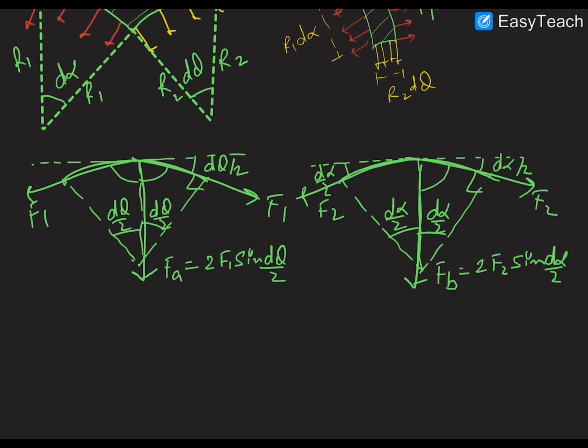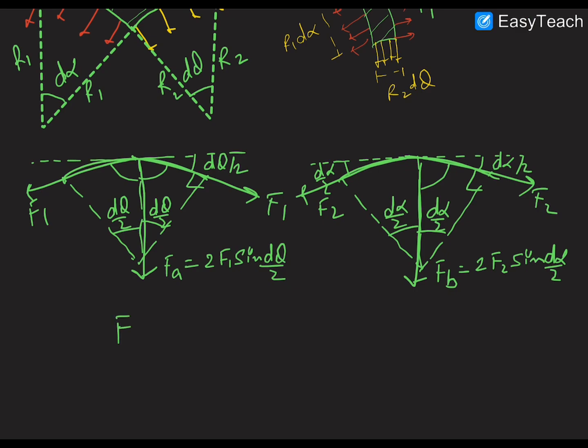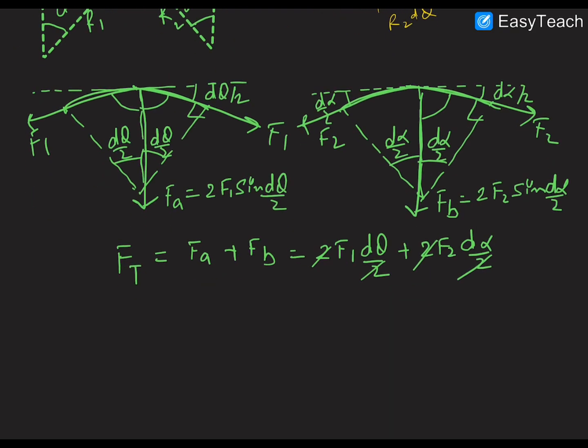Now the total force of surface tension is FA plus FB, which will be equal to 2F1 d theta by 2, because for small angles we can assume that sine theta is theta, plus 2F2 d alpha by 2. Cancelling 2 with 2, F total will be equal to F1 d theta plus F2 d alpha.